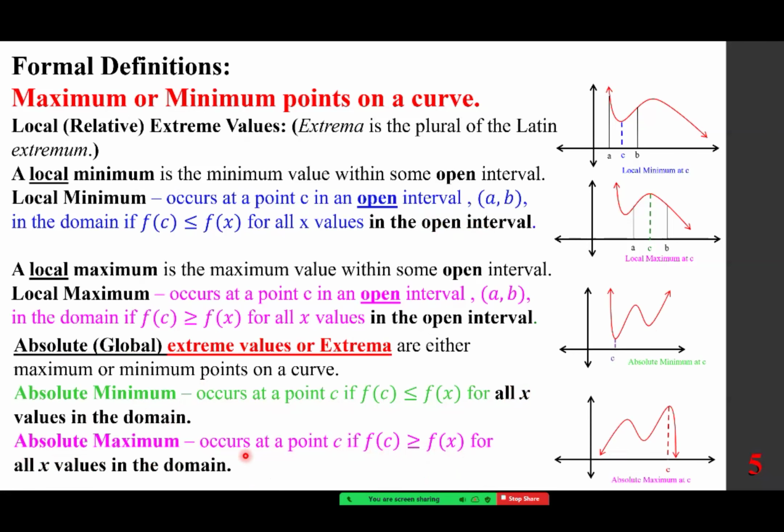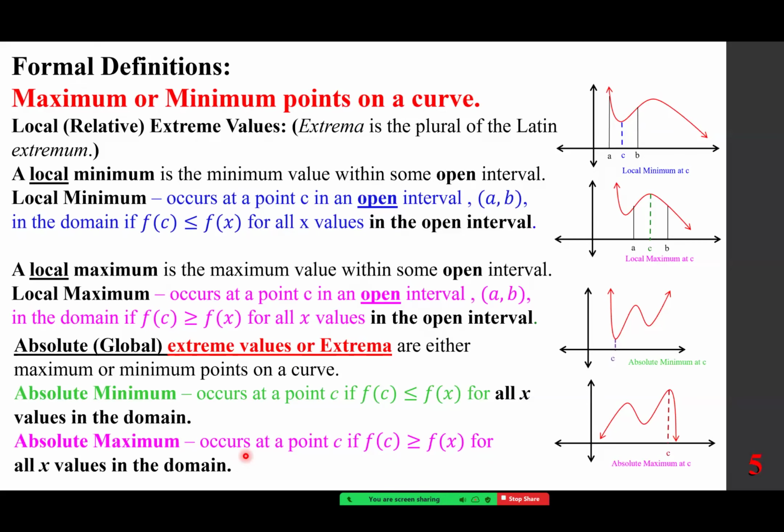So as we look at these two cases, first, local min, local max, local min. This local min, there is no other point having a smaller y coordinate. It is also an absolute min. Local max, local min, local max.